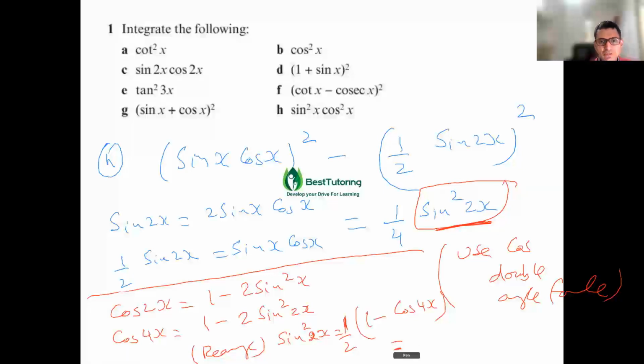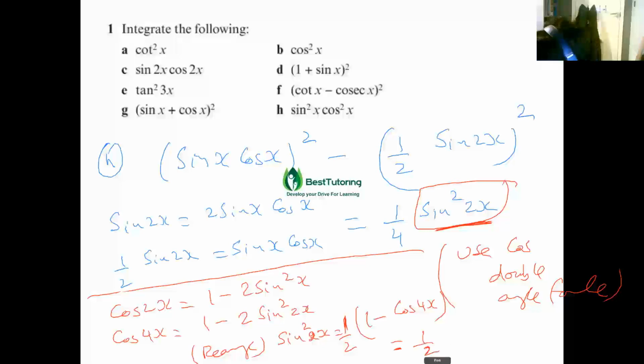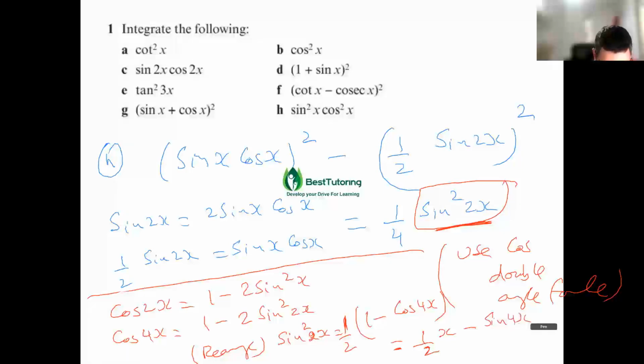And how do we do the integration for this one? Aryan, what is the integration we get? Firstly, half x, right? Integration of 1 is x, and minus sin 4x over 4.